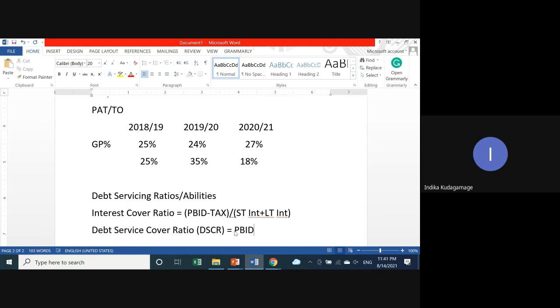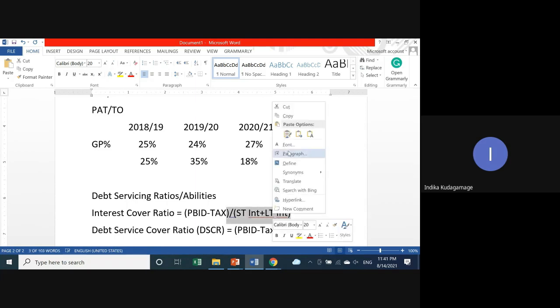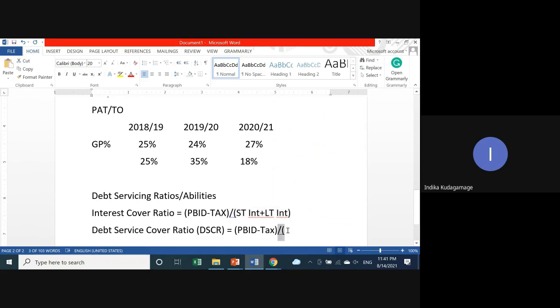PBID minus tax, divided by long-term capital plus interest plus lease rentals.